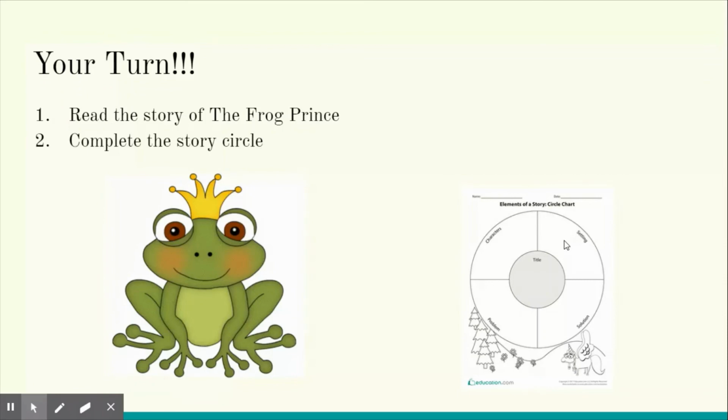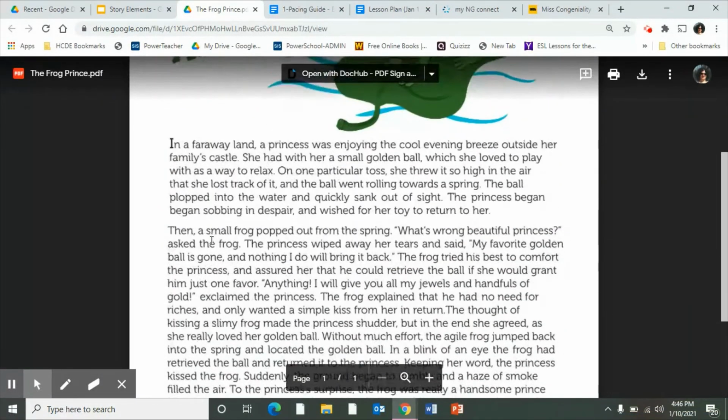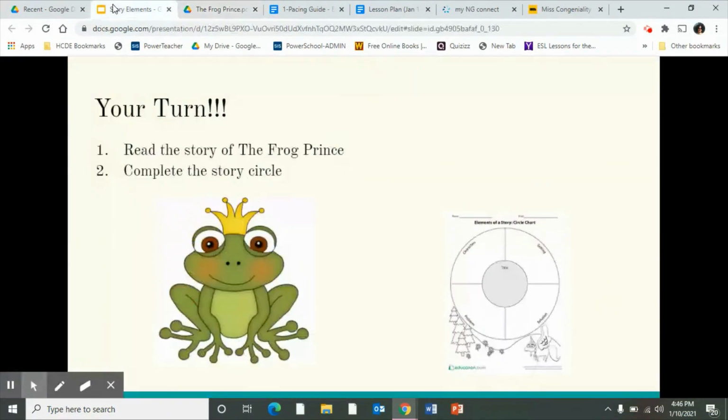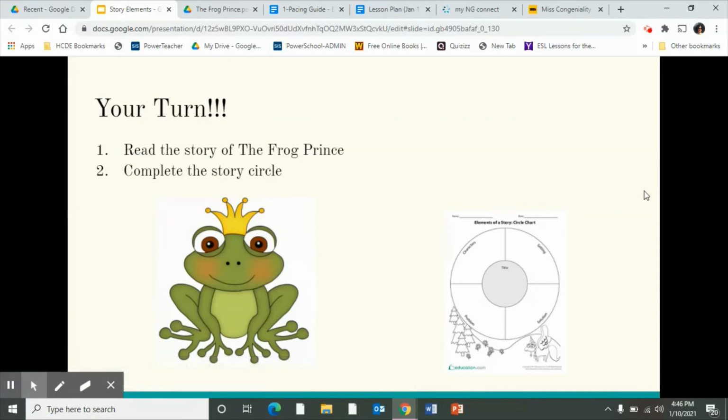So there are two things that you're going to find there. You're going to find the story of the Little Prince. So here we have the story. I'm going to show it to you. You're going to read the story of the Little Prince. And then after that, friends, you are going to complete the elements of a story chart, the circle chart that I have also uploaded for you there.